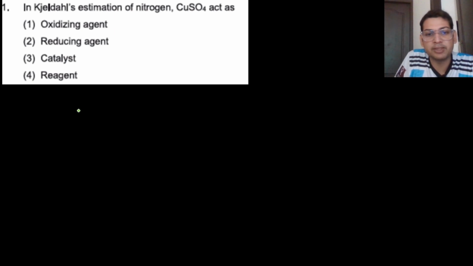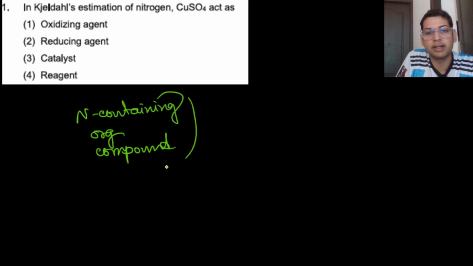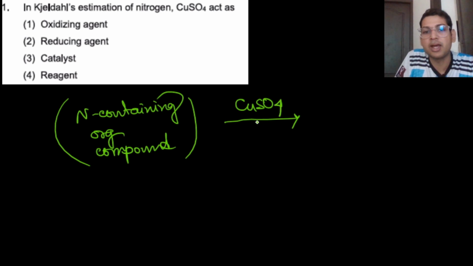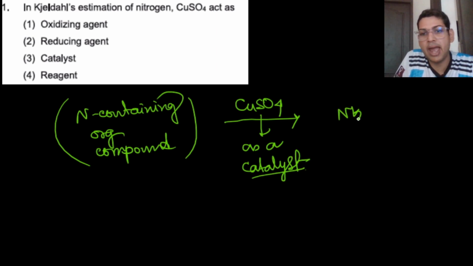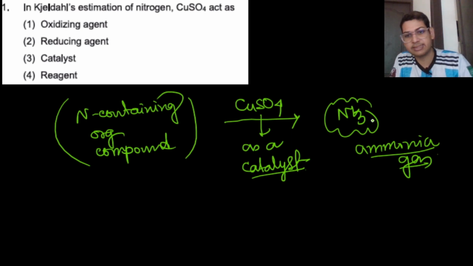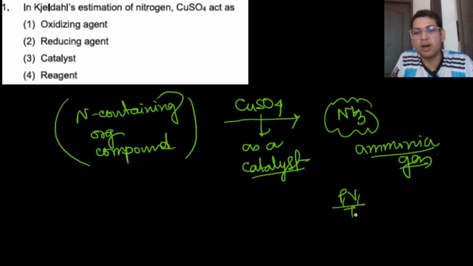In the Kjeldahl method, any nitrogen containing organic compound, in the presence of CuSO4 as a catalyst, is converted to ammonia gas, and this ammonia gas we estimate by P1 V1 by T1 equal to P2 V2 by T2 and all this.